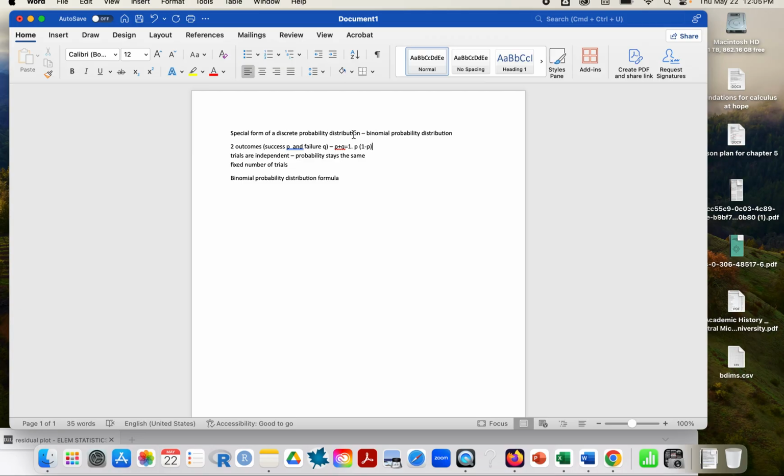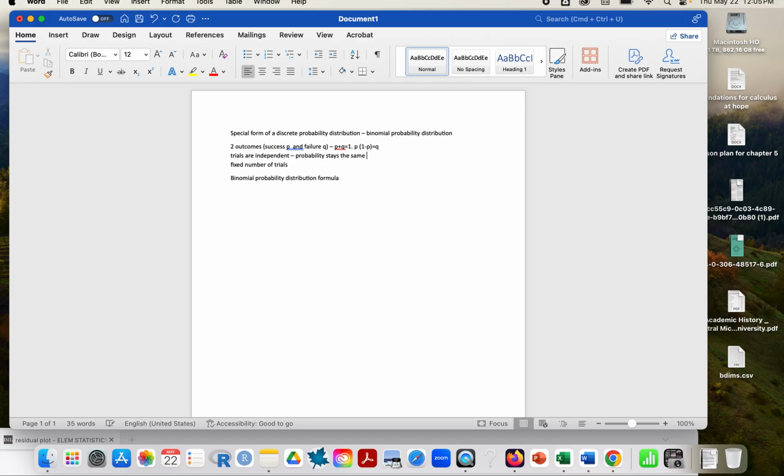But if you look at this formula here, 1 minus P just equals Q. So you'll see it denoted a couple of different ways depending on author and so forth. All right, so the first thing is you need two outcomes. The second thing is that the trials are independent. And what that really gives us is that the probability stays the same.